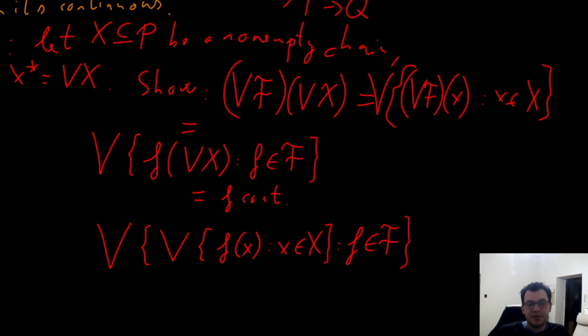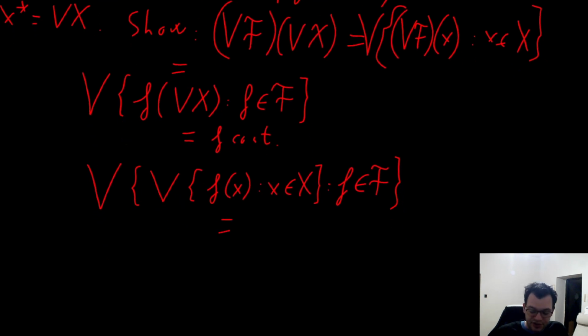Now as this is a supremum of supremum, and this is exactly the type of supremum nesting which we already proved is the same as the flattened version of the supremum taking, it's just the same as a large supremum of all the values f of x, for which f is a function from the set and x is a member of the set.